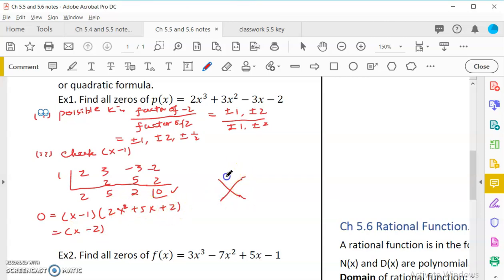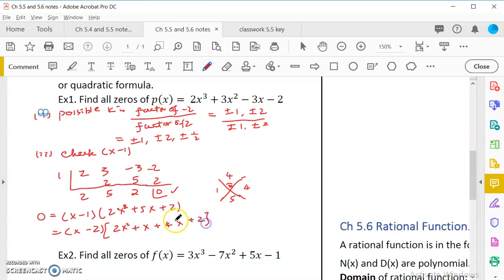2 times 2 is 4, and 5, what two numbers? 1 and 4. When you multiply it is 4, when you add it is 5. So I do grouping. 2x squared plus x plus 4x plus 2.